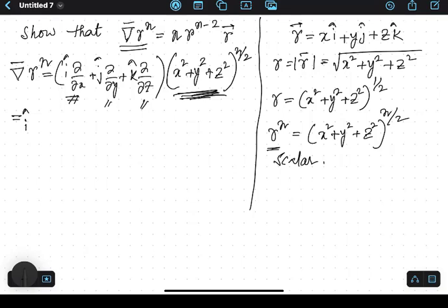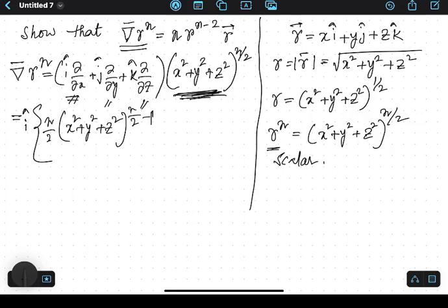i cap. So when del x acts on this, how does the derivative result come out? So n by 2, the power first comes, n by 2. Then x square plus y square plus z square to the power of n by 2 minus 1.